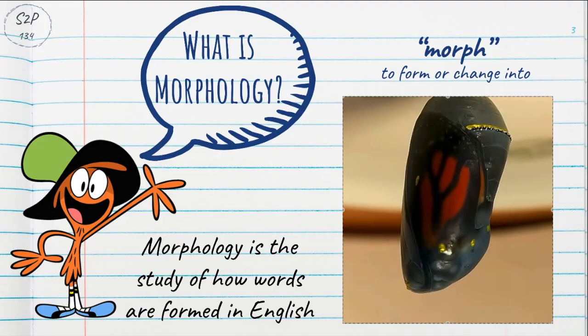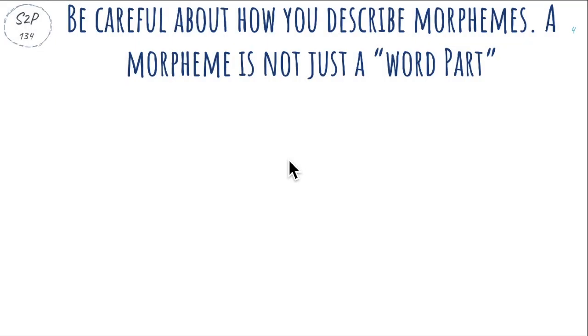Now, there's a couple things to be careful of with morphology, and we want to make sure that we avoid using the idea of a word part exclusively for morphology. If we're not accurate in our language, it's going to confuse the students, because syllables are also word parts, but there's a difference between a word part syllable and a word part morpheme, okay?